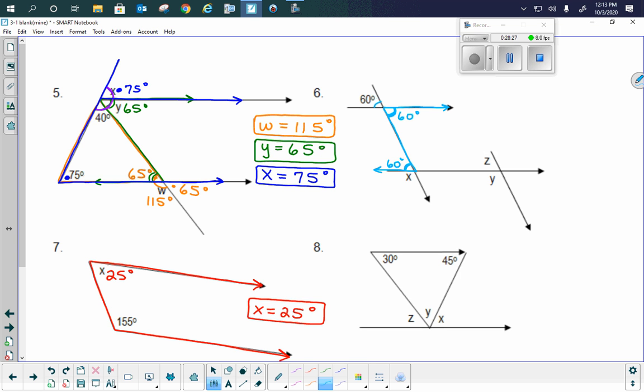So notice I can pick up my 60 degrees just like we did in the last chapter. I can say this is vertical to it, so therefore that's also 60 degrees. Hopefully you're seeing then that these two are supplementary right here, and therefore X would equal 180 minus 60 to be 120 degrees.